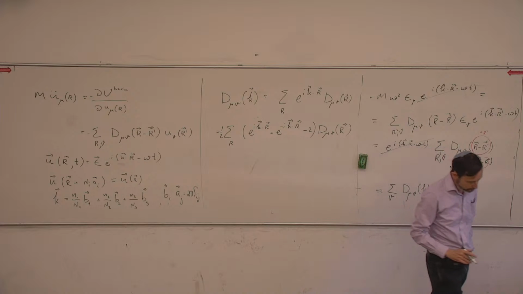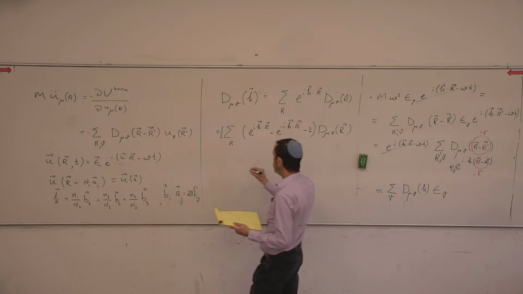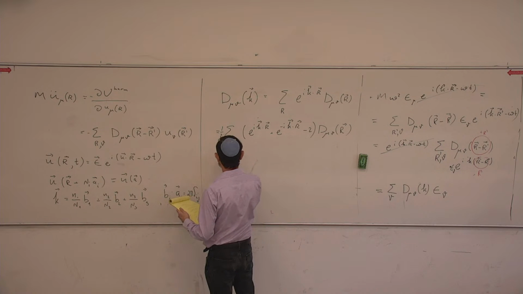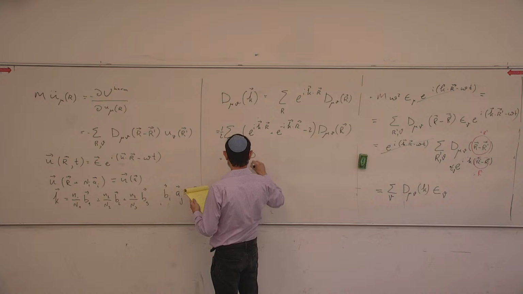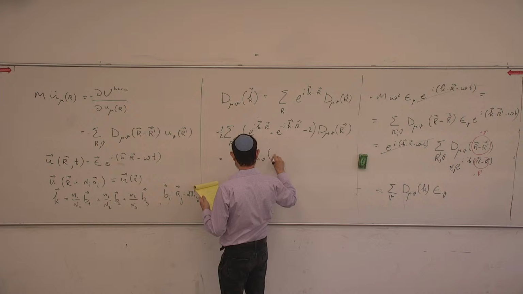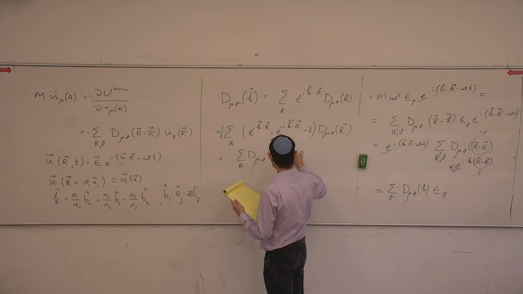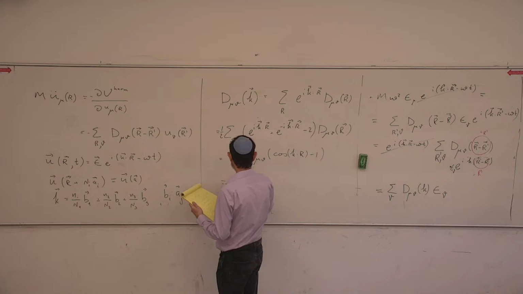And what do I gain by it? You can turn it into a cosine. I can turn it into a cosine. Minus 1, and now I'll turn it into a sine squared.